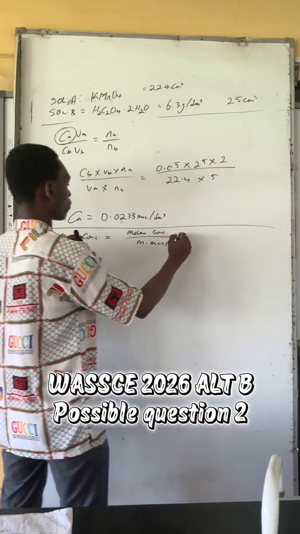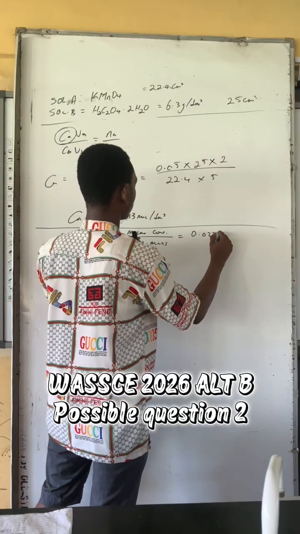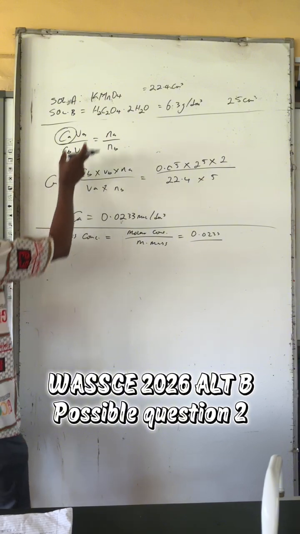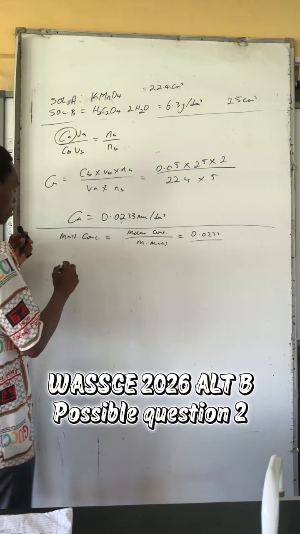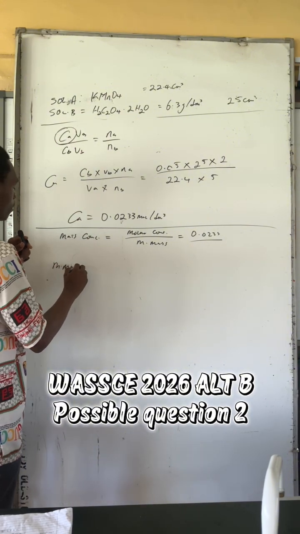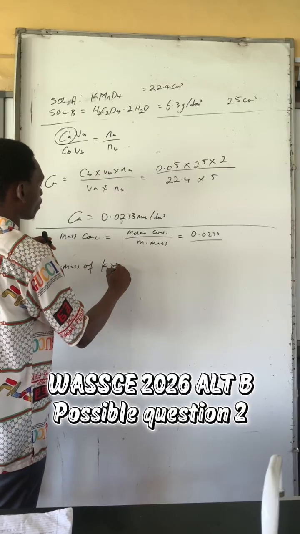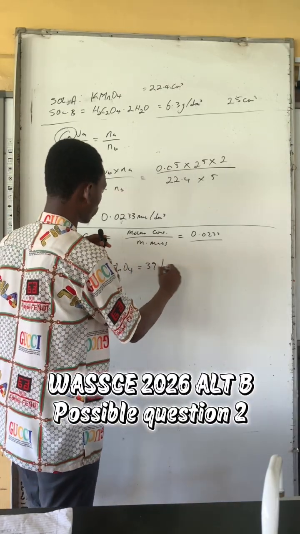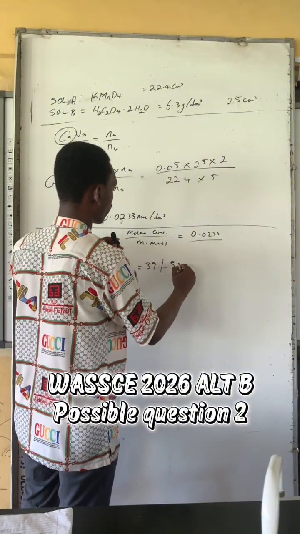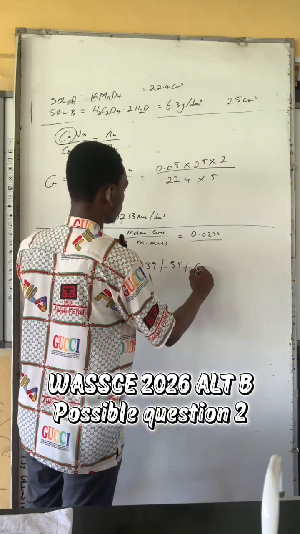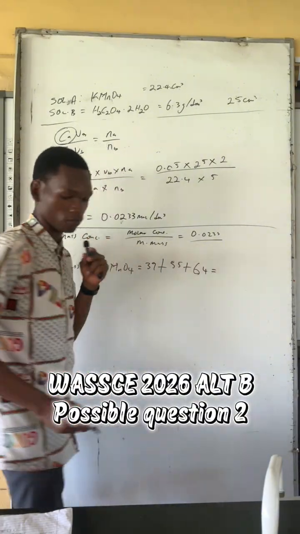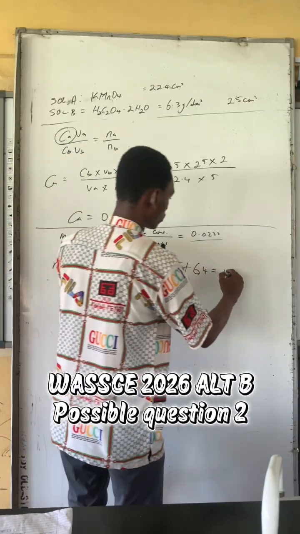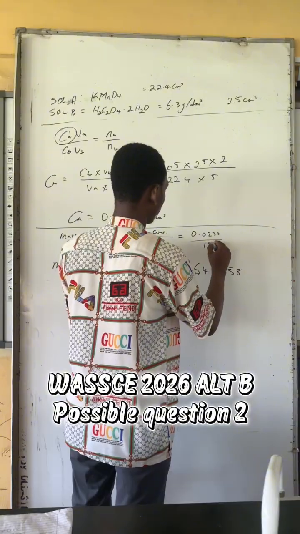We've gotten our molar concentration to be 0.0233, and the molar mass of KMnO4: potassium is 39, plus manganese 55, plus oxygen 16 times 4, that gives us 64. Sum it up and it is 158.